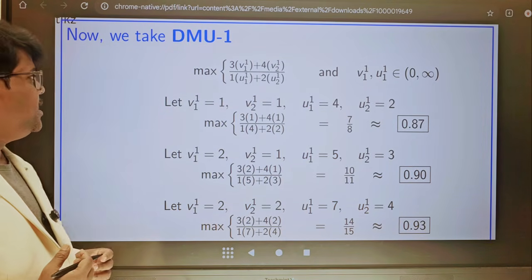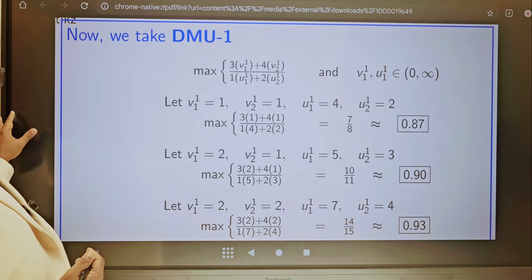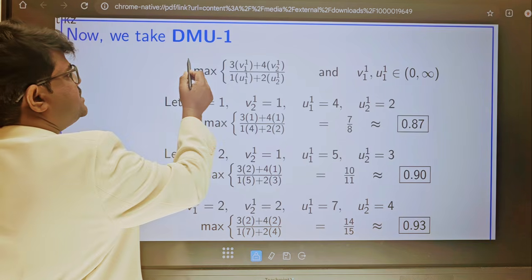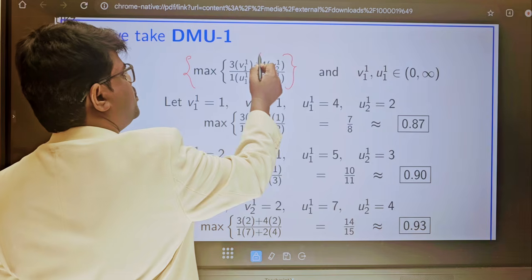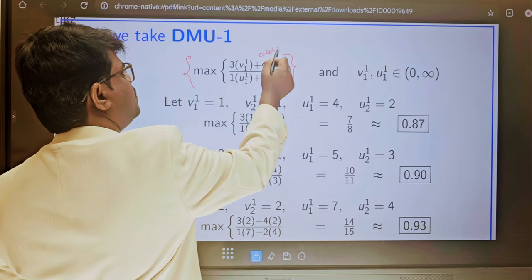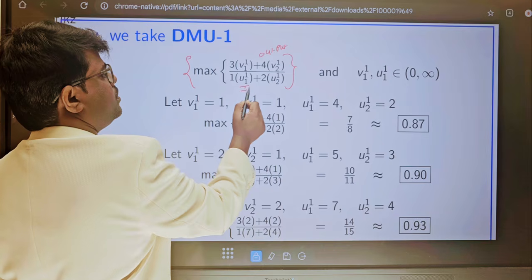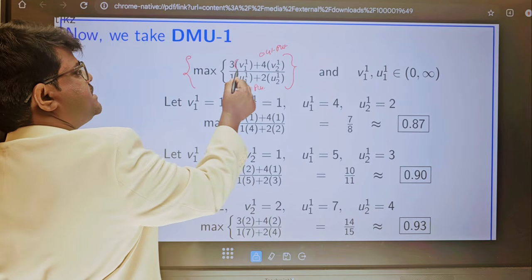Now we take DMU1. You can see here, I will maximize this ratio, output divided by input. These weights are unknown.